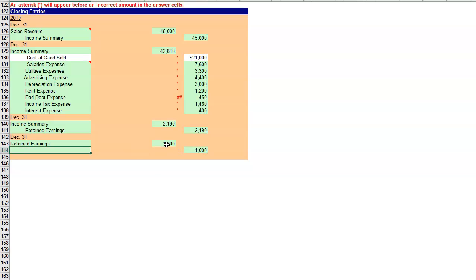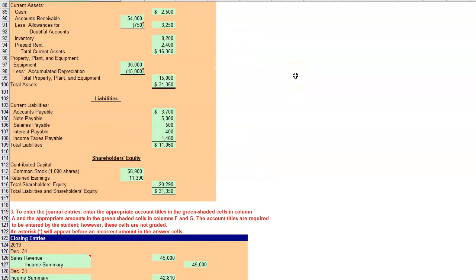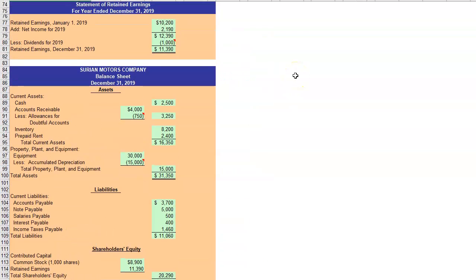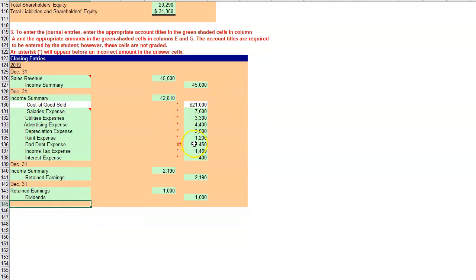And dividends is credited. And that's it. You should have 4 entries. What you debit and credit to income summary and retained earnings should tie to the income statement. And remember that it's not lucky by numbers because it's not in the spots where they think they should be, but the entry is correct.